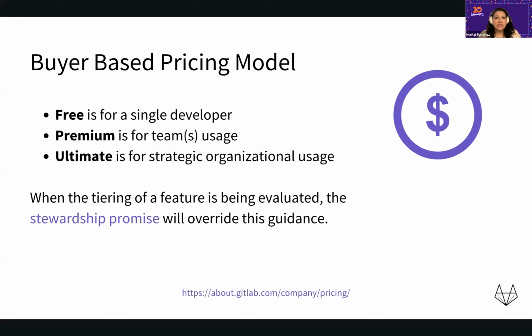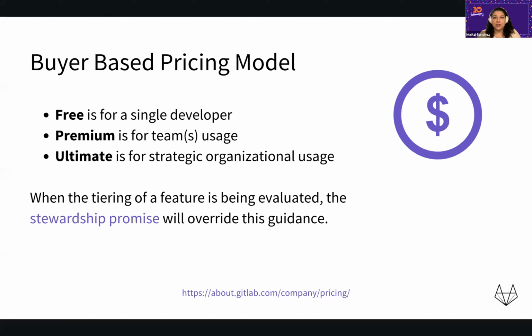Now, I mentioned this a bit earlier, the buyer-based pricing model. To remind you, this is how our product management team decides which features go into which tiers. Here's how it works. In general, the free tier is meant for a single developer. The premium tier is meant for team usage. And then the ultimate tier is really meant for strategic organizational use.